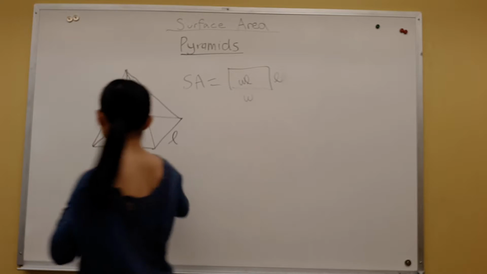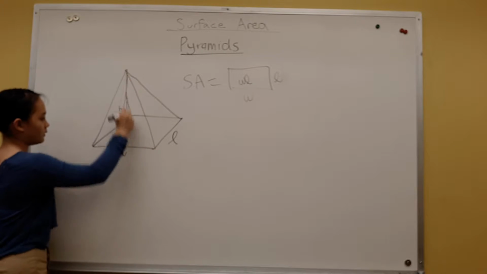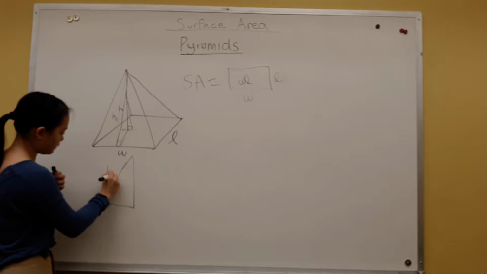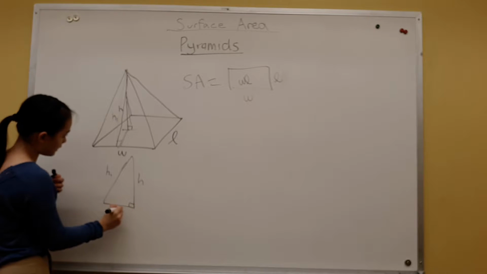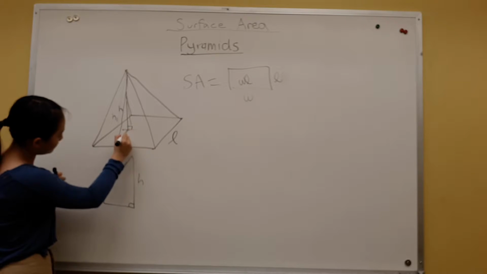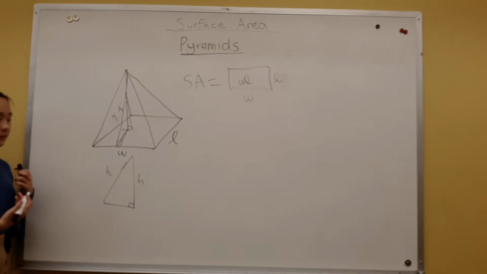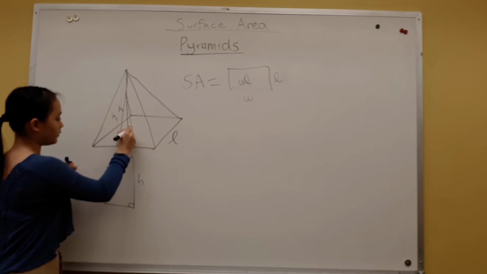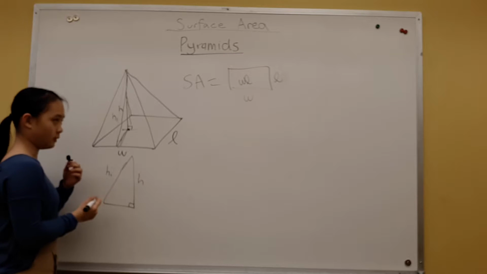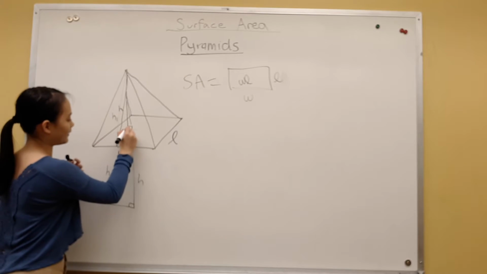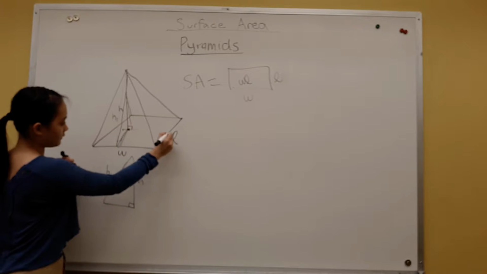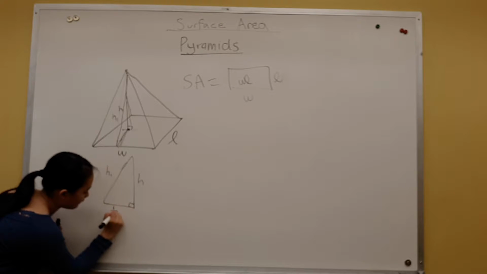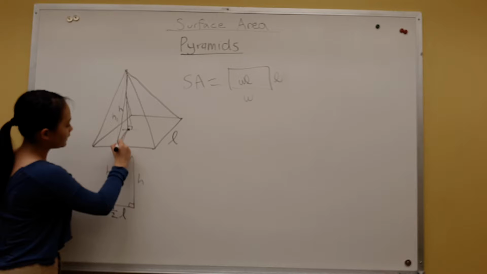And so therefore, if we could draw this shape right here out, you'll find out that h1, h, and this length right here, as I said before, since this is a perfectly right pyramid, this point would be the center of the rectangle, and therefore it should cut every single side perfectly in half, and therefore right here would be 1/2 of L. You can kind of see that, right?